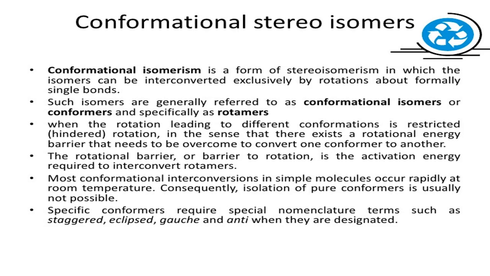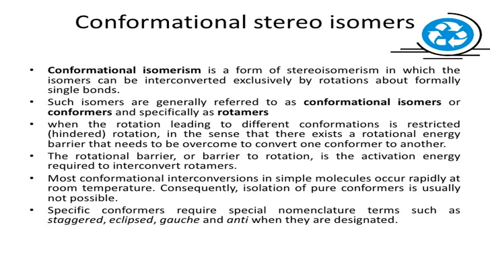That is called the staggered structure for ethane, which has the least repulsion and maximum stability. Whereas the other one is what? One hydrogen is coinciding with a hydrogen of the other carbon. In the same way, the second hydrogen is coinciding with the second hydrogen of the other carbon atom. In the same way, the third hydrogen of one carbon is in the same line with the hydrogen of the second carbon atom.